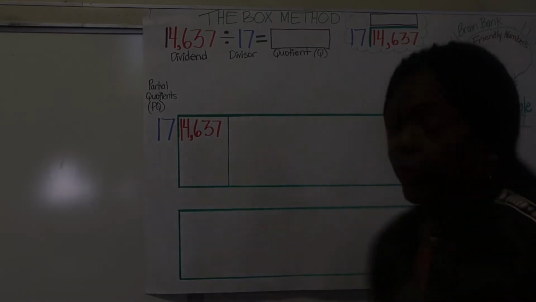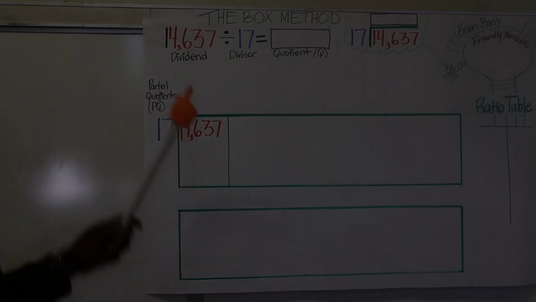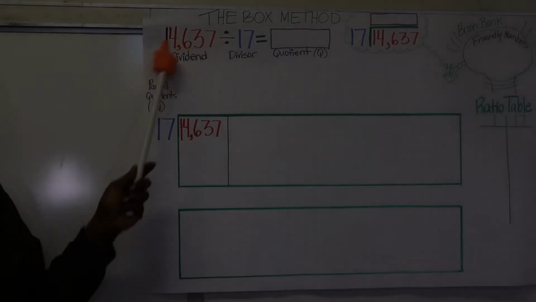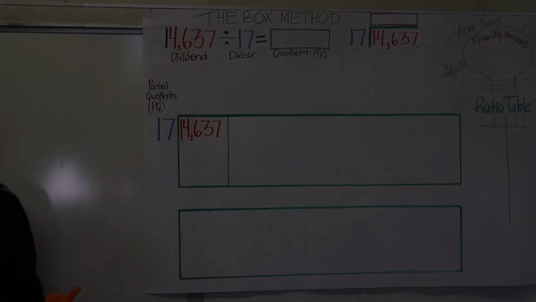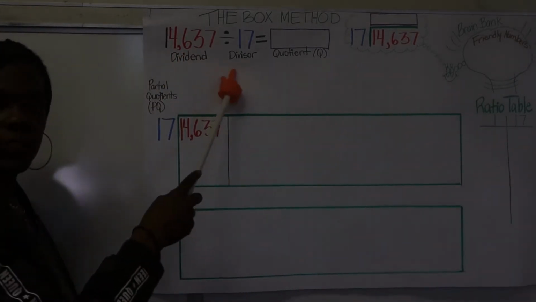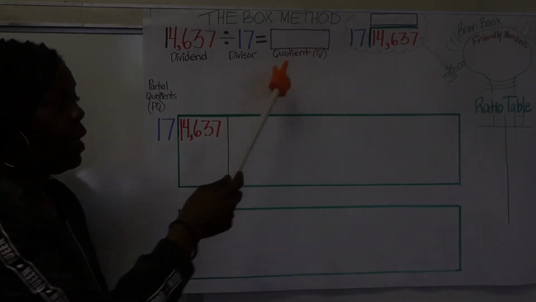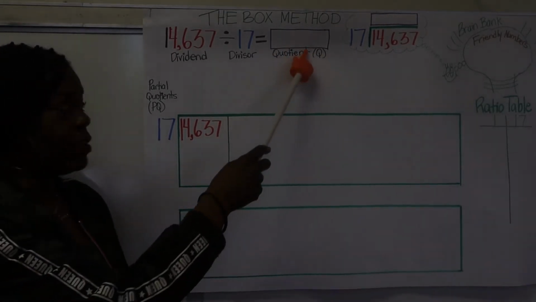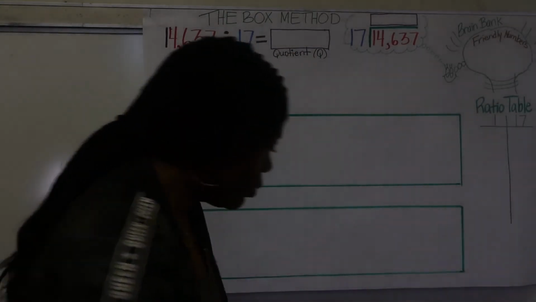What do we call this particular number in this equation or expression? The dividend. And what do we call this particular number? The divisor. And then this one? The quotient. And as of right now, the quotient is what? Unknown. It is unknown, and we have to find the unknown quotient.